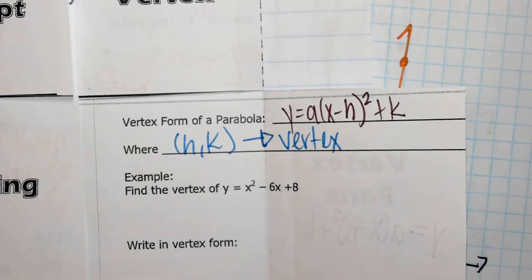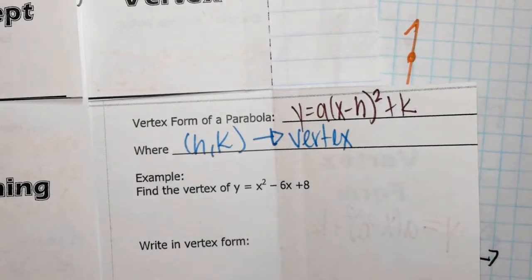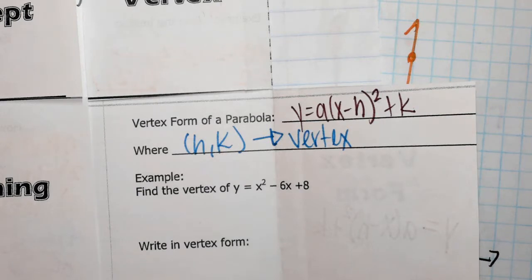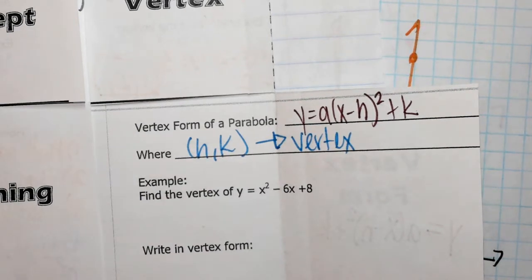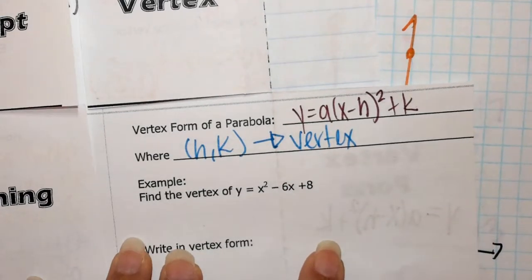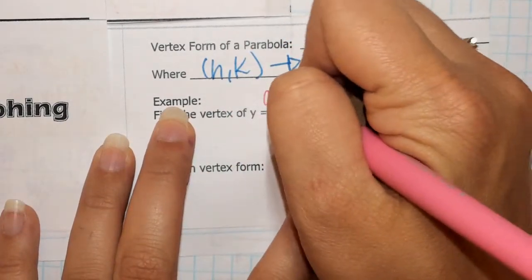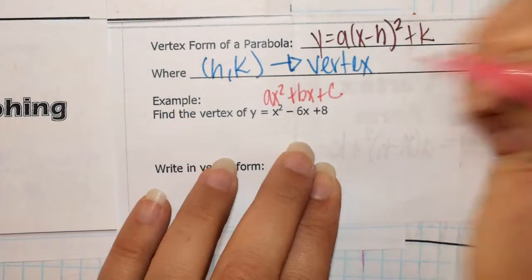So who remembers from Monday how we found the axis of symmetry in vertex when it was in standard form? Because we're still using that. Standard form. What formula? Negative b. Yes, all of that. Okay, so first you find your axis of symmetry. Remember, this is ax squared plus bx plus c.